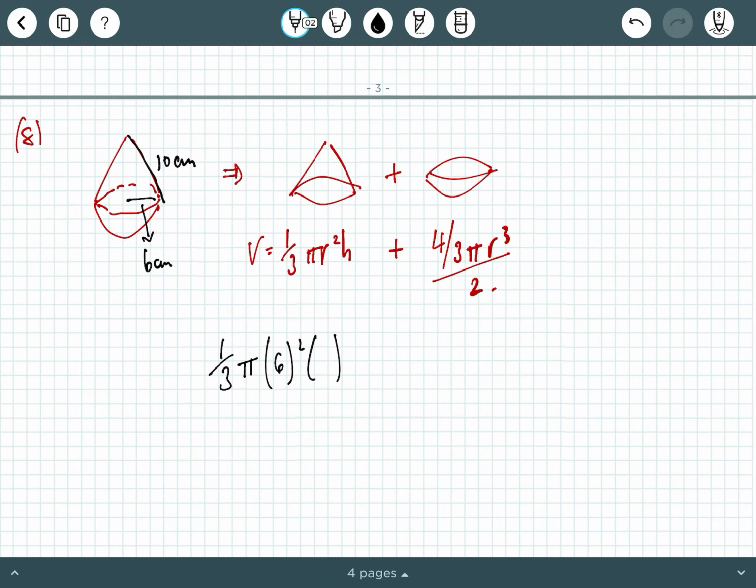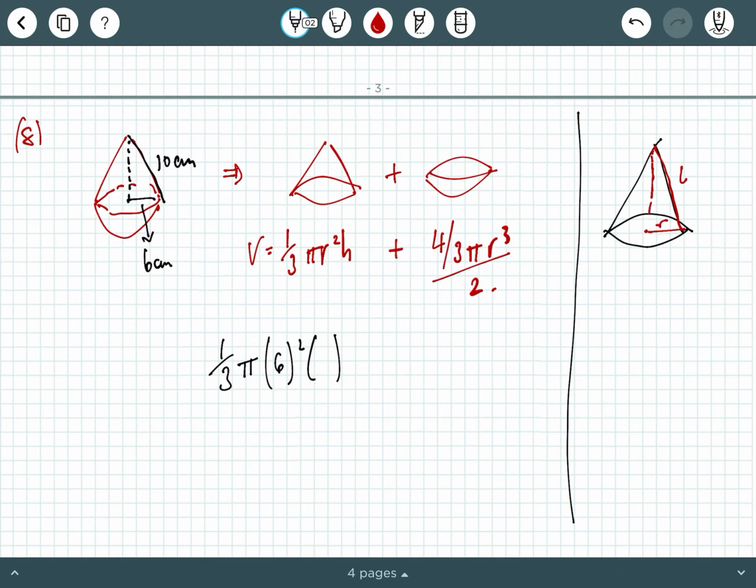Now, that 10 centimeters came over to the side. I'm going to make a side note here for you. If you look at a cone, that is r, the radius. The slanted height, this line, is L, and this here is h. They've only given us L and r in the question, so we need to find h.